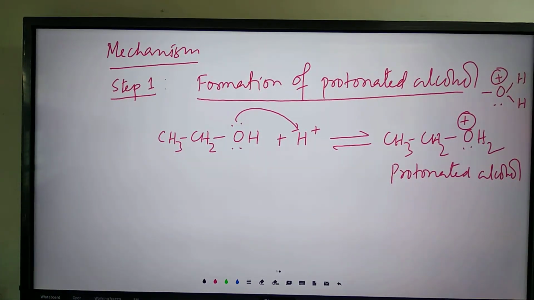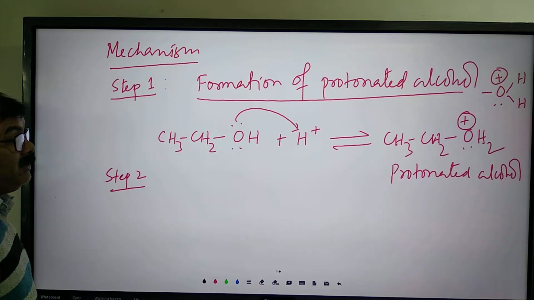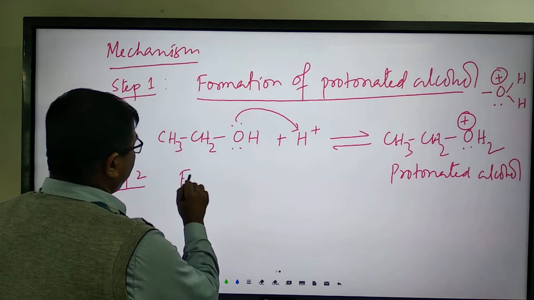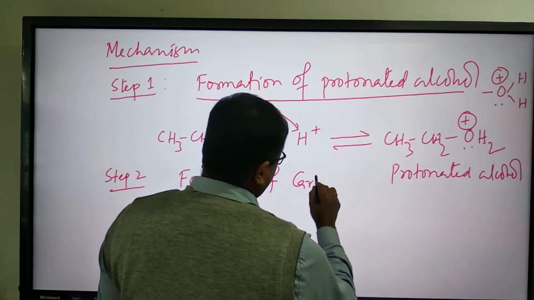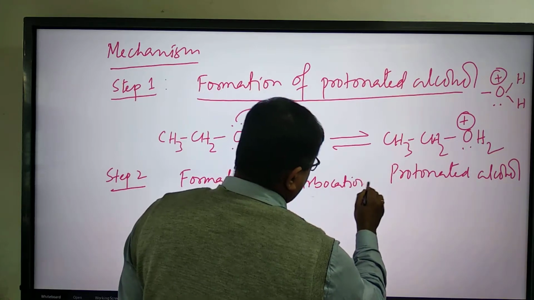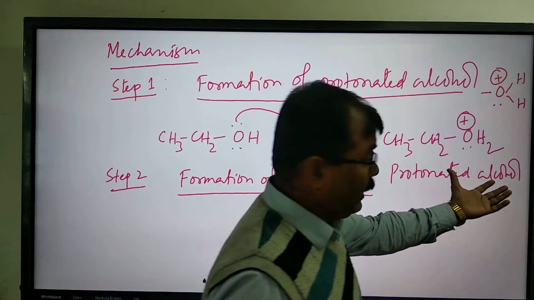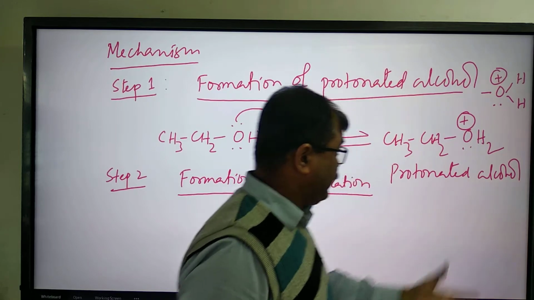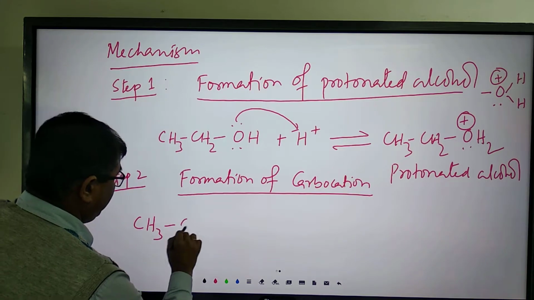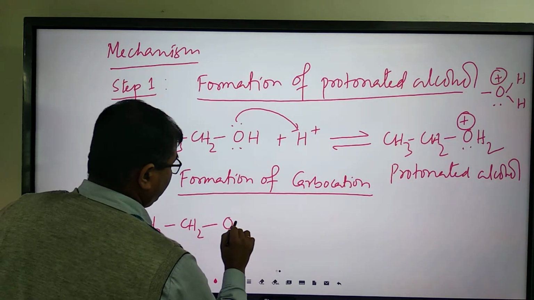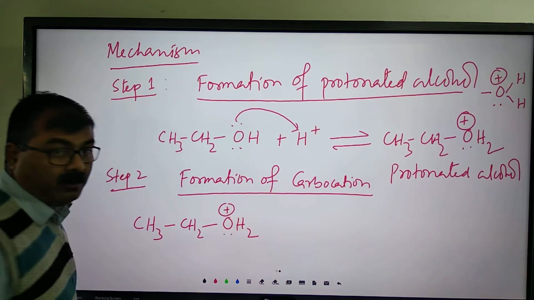Now, what is the second step? Step 2 is formation of carbocation. This protonated alcohol will form the carbocation. Now you see how it happens. CH3CH2OH2 is the protonated alcohol.